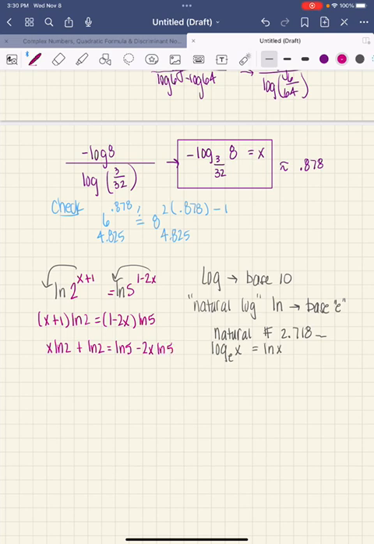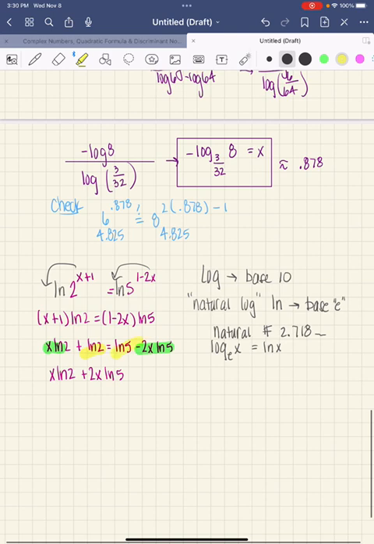We want everything with an x together on one side. So I've got x natural log of 2, negative 2x natural log of 5. I'm going to put those together on the same side by adding 2x times the natural log of 5. And the constants, natural log of 2, natural log of 5, I'm going to put those together. So that's going to become the natural log of 5 minus the natural log of 2.